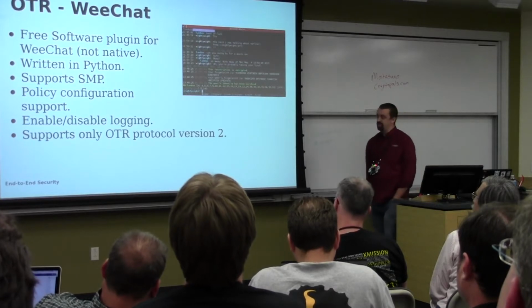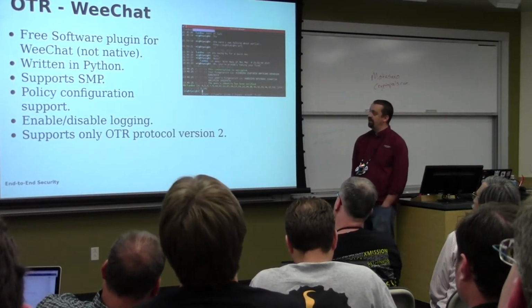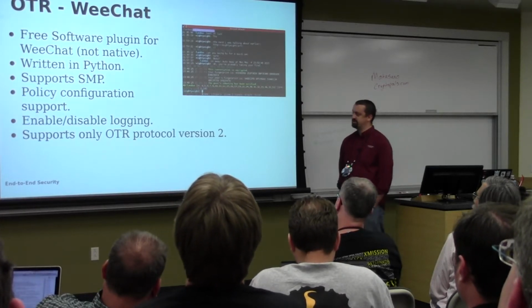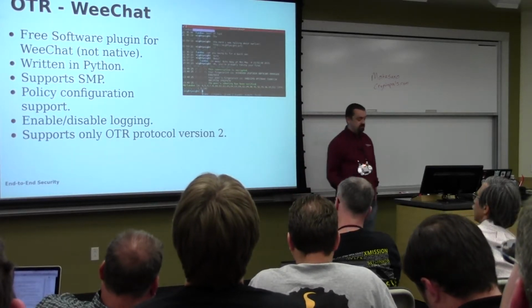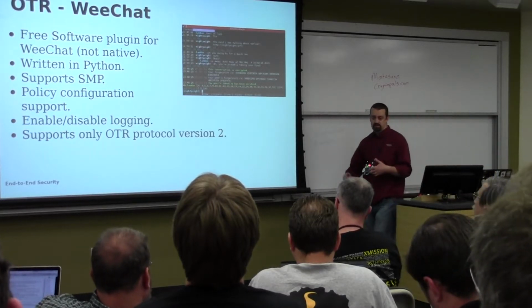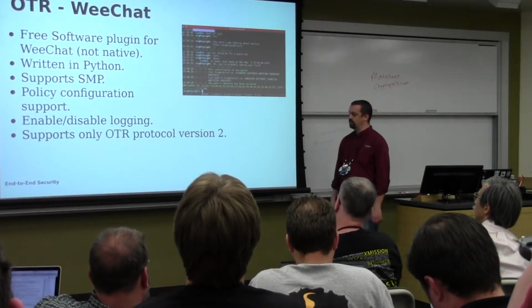Here is WeeChat. This is an IRC client, a text-based IRC client. They have an OTR plugin written in Python, and it supports the Socialist Millionaire protocol. It has a per-user policy config, so I can say always trust from Landon or always distrust from somebody else. Turn logging on, turn logging off, and so forth.